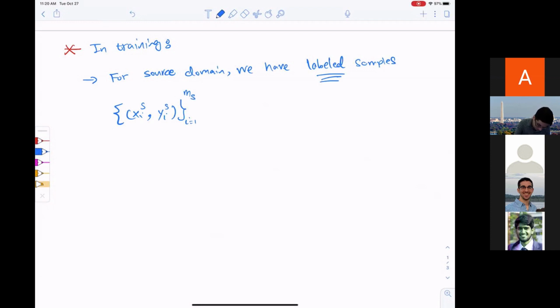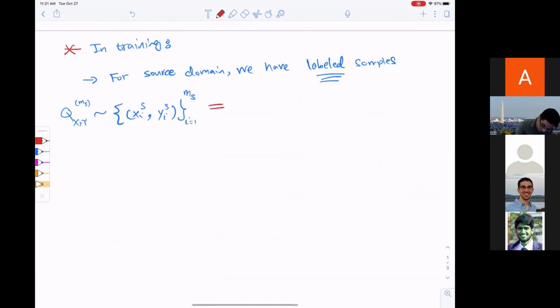These are coming from distribution QXY, and I again label it with m_s just to highlight that this is the empirical distribution observed from the population source distribution Q. Sometimes I'm going to use other notations for my source samples.